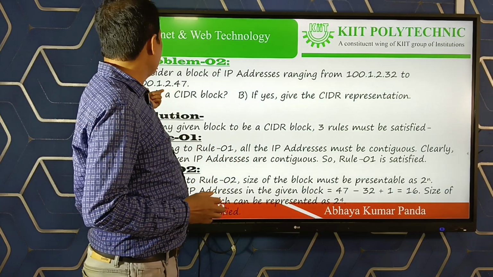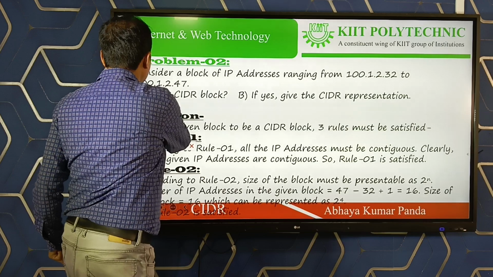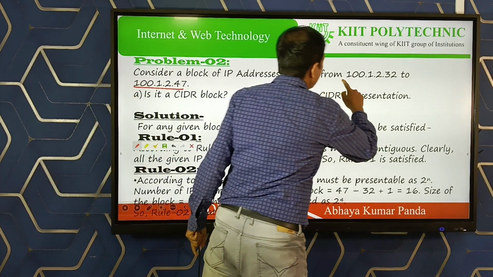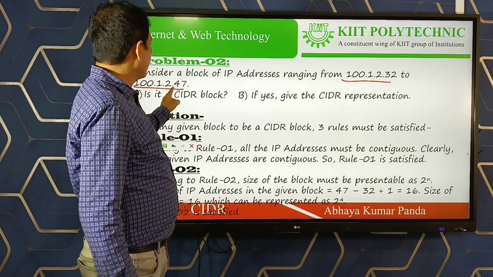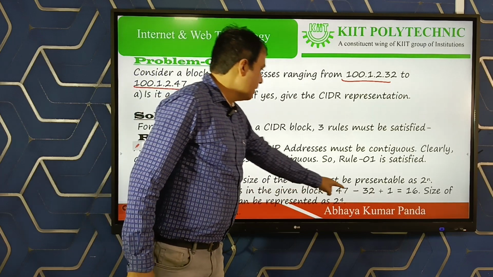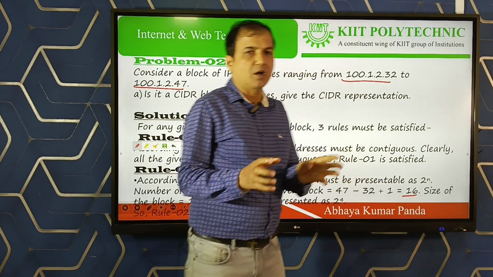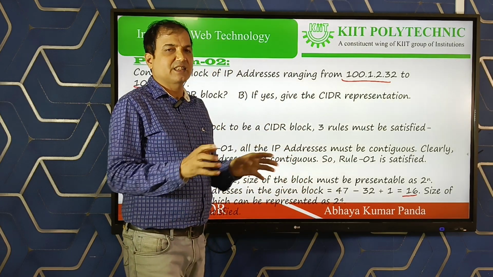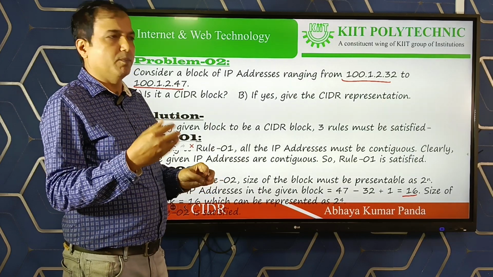Its size is the last IP address minus the first IP address, 47 minus 32, plus 1. The number is 16, so there are 16 IP addresses. We know that 16 is a power of 2, that is 2 to the power 4.